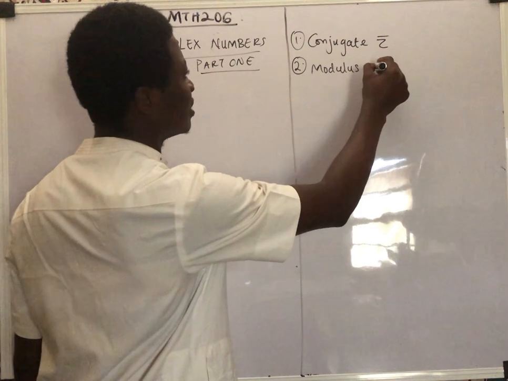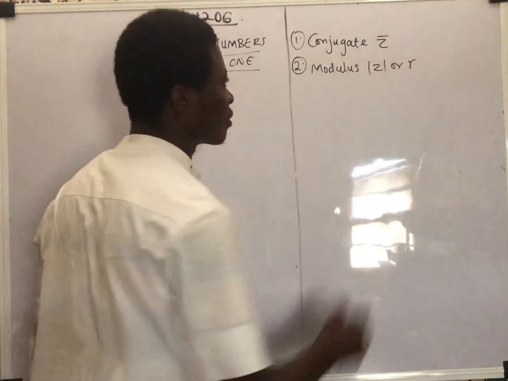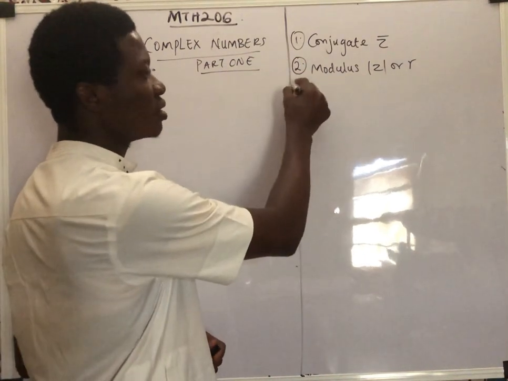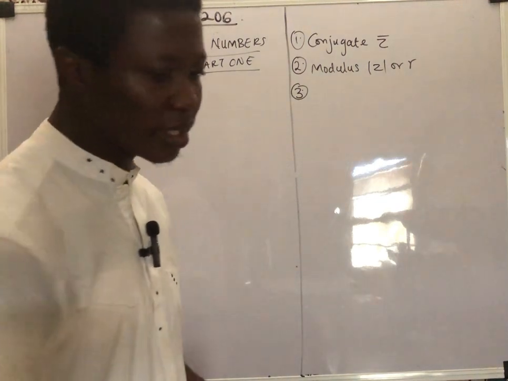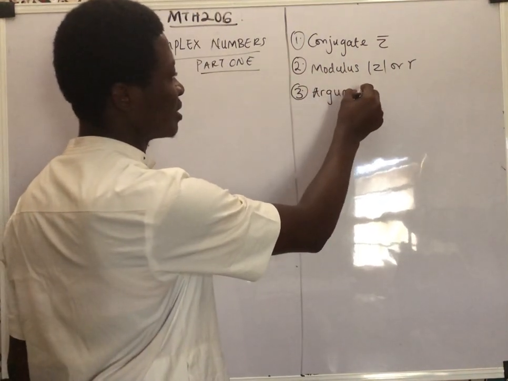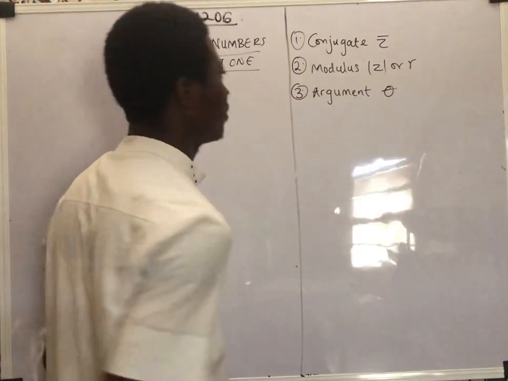Modulus is denoted |Z|, the absolute value of Z, or r. You can be taking note of all of these things. The third one that we're going to be discussing is argument, which is denoted theta.